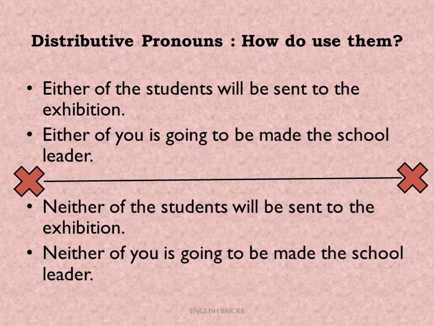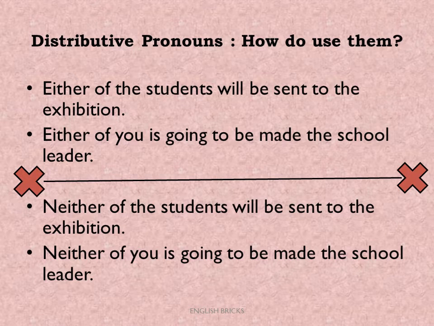Look at the information in front of you right now. Either of the students will be sent to the exhibition. Either of you is going to be made the school leader. Now, when I say either of students, technically it means there are only two, either two, A or B, but plural.